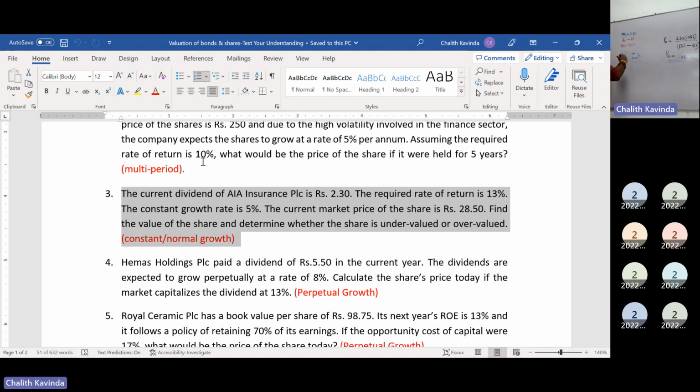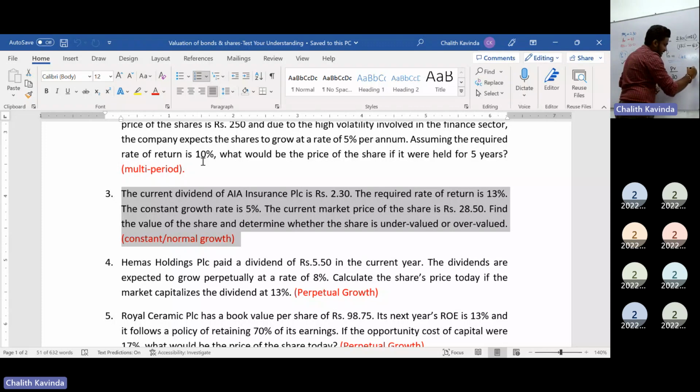So we have provided the answer for the first part. The second part is we have to determine whether it is overvalued or undervalued. The present value that you have calculated is equal to 30.